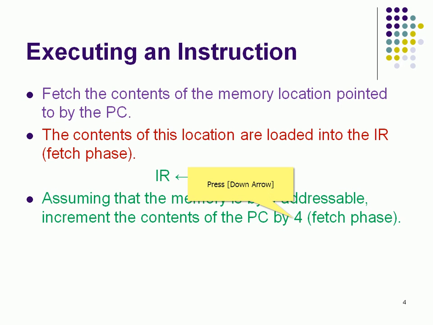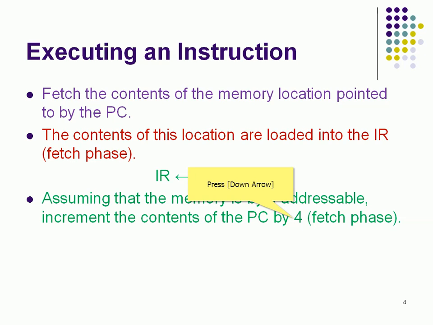Assuming that memory is byte addressable, right? So memory is byte addressable, so increment the contents of the PC by 4. Byte addressable 32-bit, then it is 4 bytes. So the PC is going to be advanced by 4, so that it can point to the next instruction. Currently it brought the current instruction and handed the address to the MAR.